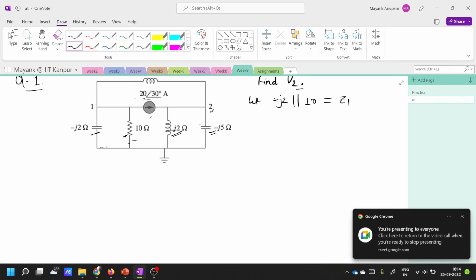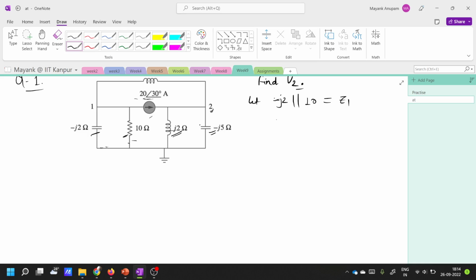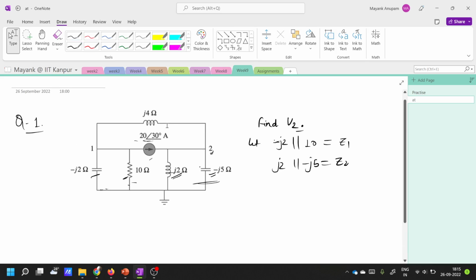Let's call this Z1. Now again, J2 parallel minus J5, which is this part here, let's call it Z2. And there is a third one here, J4, which is not parallel to anyone, let's call it Z3.